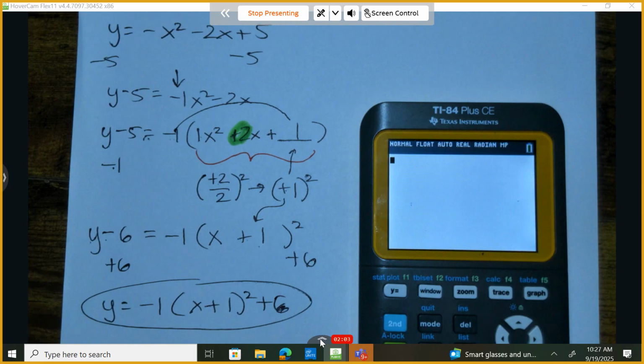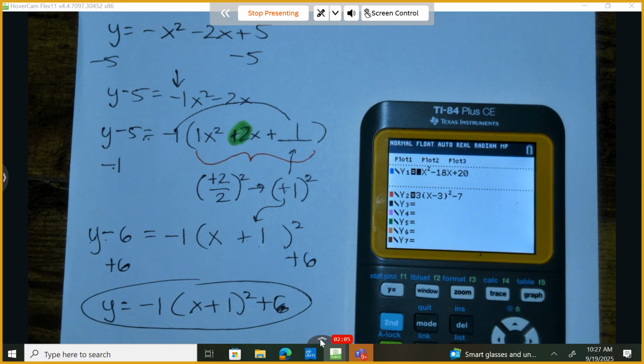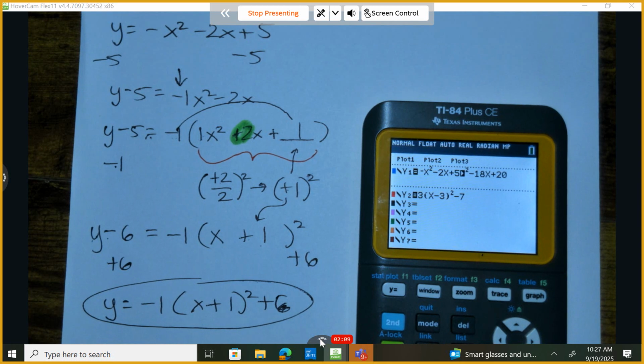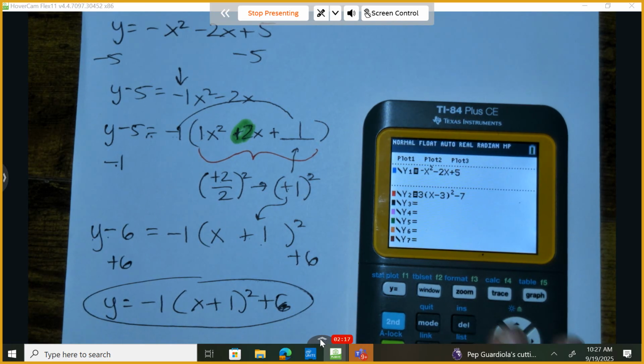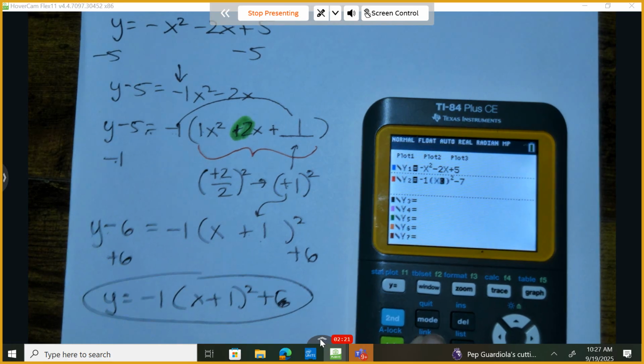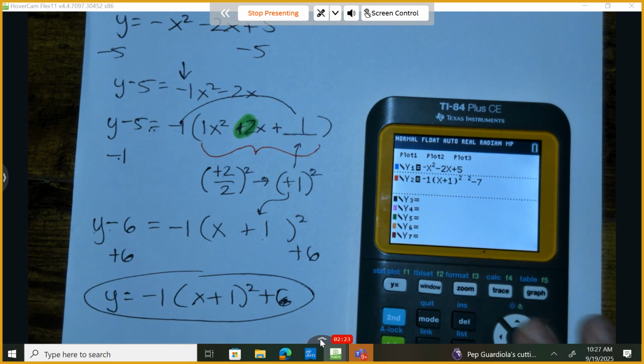So if everybody can take their calculators, we're going to plug in -x squared, subtract 2x plus 5. And then down below will be -1 times x plus 1 squared.